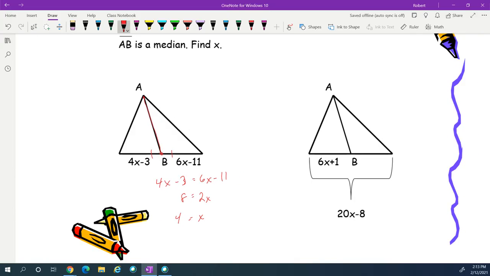In our second problem, again, median means these are congruent. So we're going to copy that 6x plus 1 over. Our equation becomes 6x plus 1 plus 6x plus 1 equals 20x minus 8. 12x plus 2 equals 20x minus 8, so 8x equals 10.